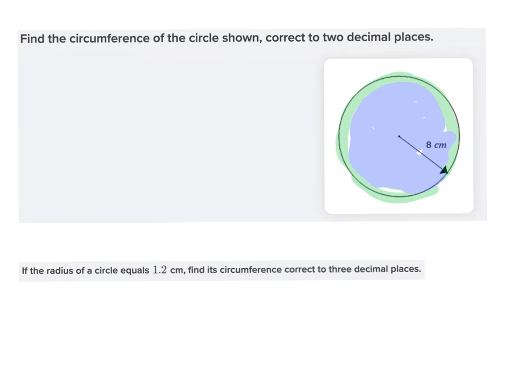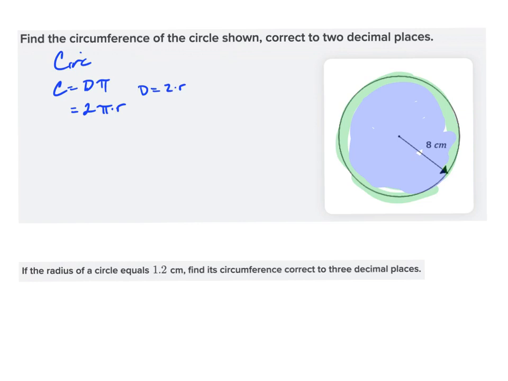The other thing you have to remember is there's two different formulas. For the circumference, you're going to have a formula of either the circumference equals diameter times pi, which the diameter is the measure all the way across, or you'll see it written as 2 pi times r, because the diameter is 2 of the radiuses.